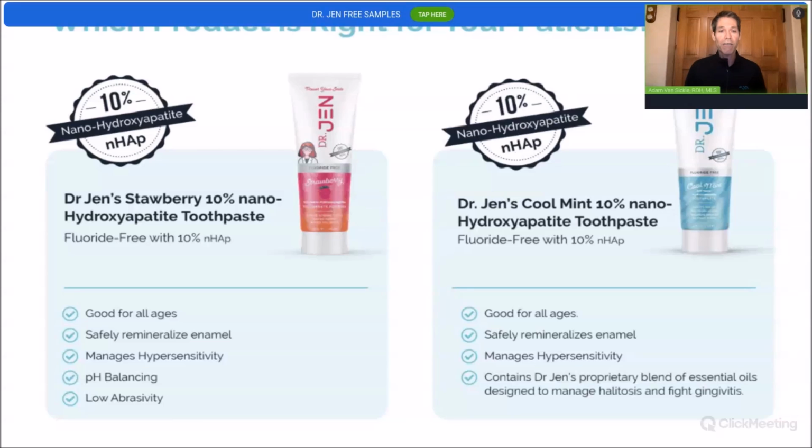We also make fluoride-free toothpaste for those patients that are immunocompromised or have been directed by their physician not to use fluoride. The strawberry is a great alternative for them. It can address symptoms like burning mouth syndrome. So definitely take a look at those as well.